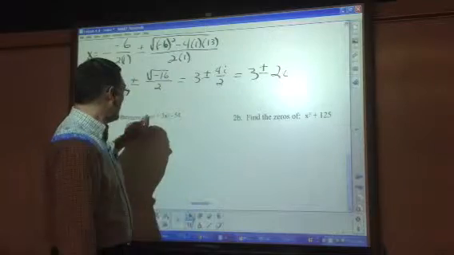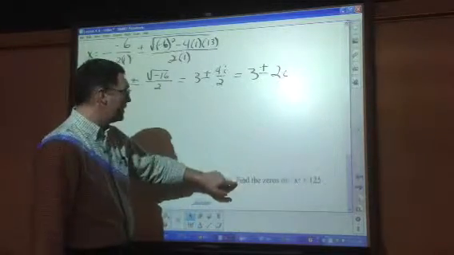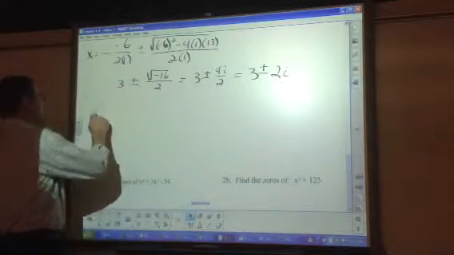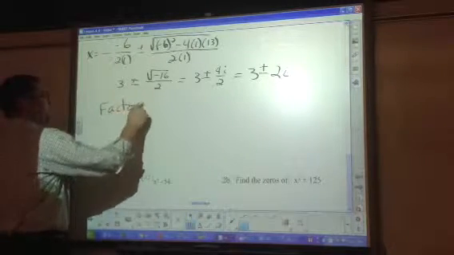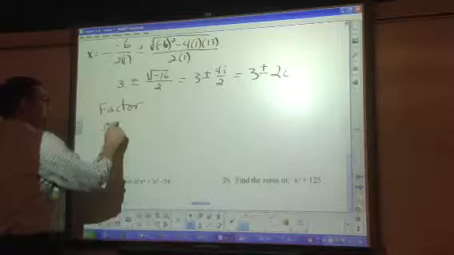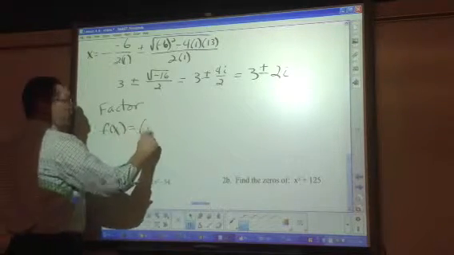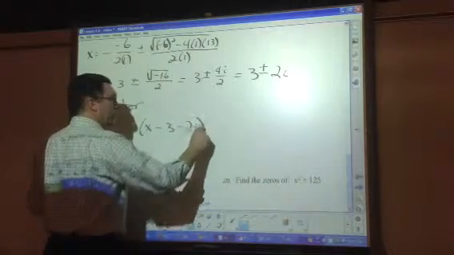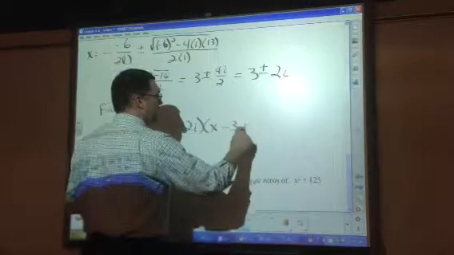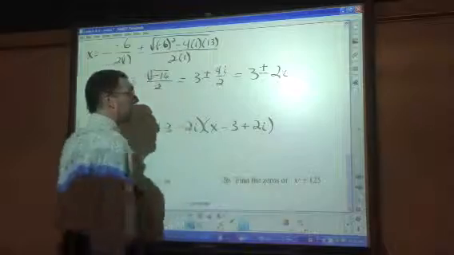Now, to write that in factored form, we would say that f of x equals x minus 3 minus 2i and x minus 3 plus 2i.